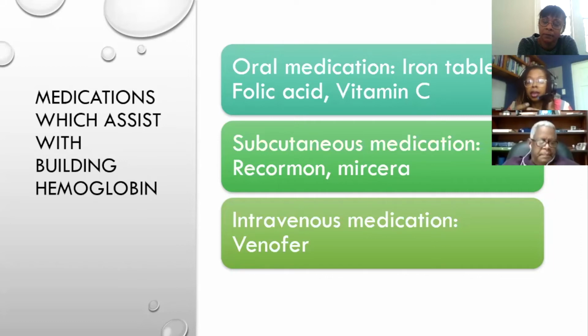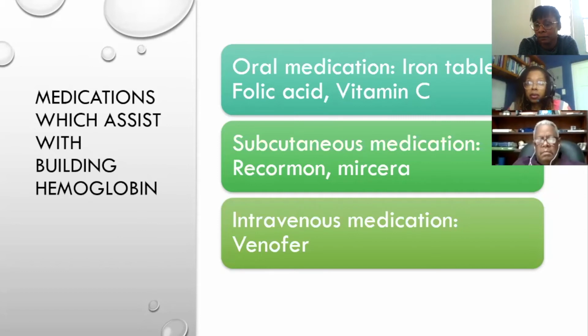And there are medications, but remember at the beginning, we talked about oral, we talked about subcutaneous or intravenous, and we have something in each category to assist with the building of the hemoglobin. So in terms of the subcutaneous medication, this may be in the form of Recormin, or Mircera.